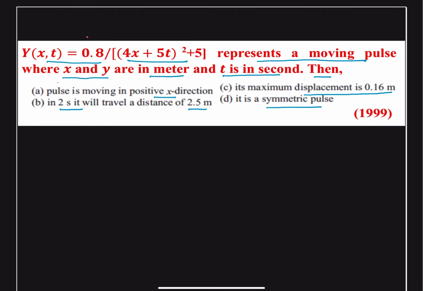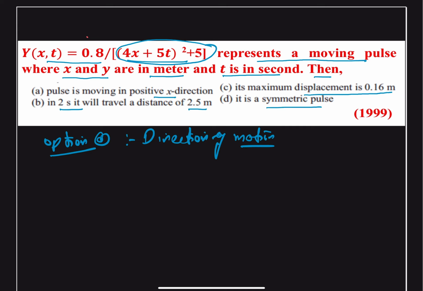So we start with option A, which is basically the direction of motion. In order to find the direction of motion, we are going to use a little bit of mathematics, and we will mainly discuss the denominator part. Based on this we will be able to find in which direction the pulse is going to move.